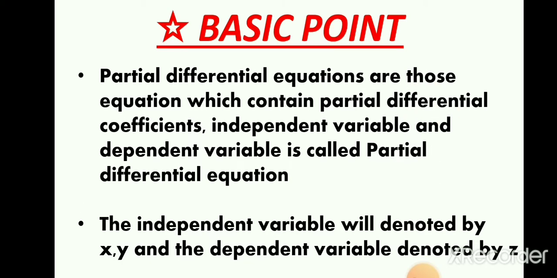Partial differential equations are those equations which contain partial differential coefficients, independent variables and dependent variables. The independent variables are denoted by x and y, and the dependent variable is denoted by z.